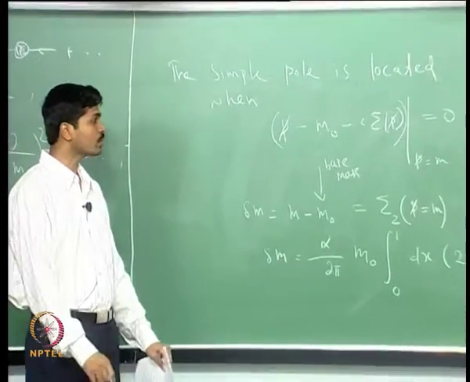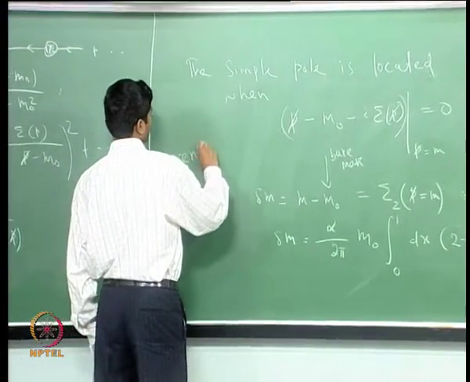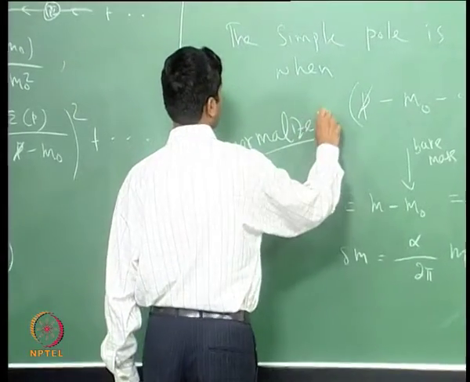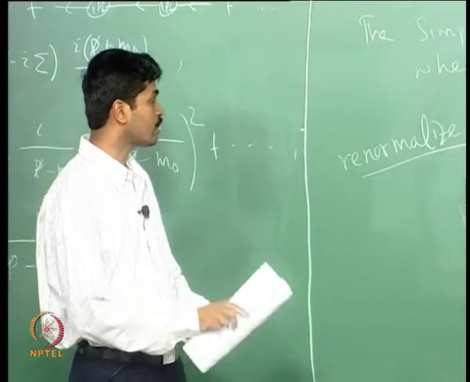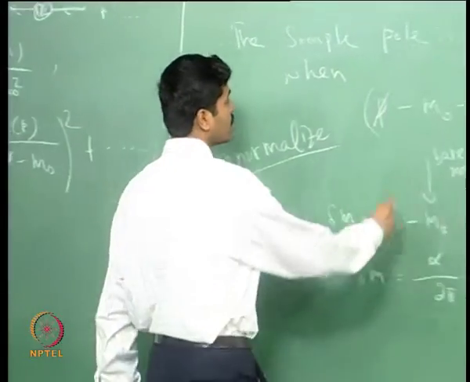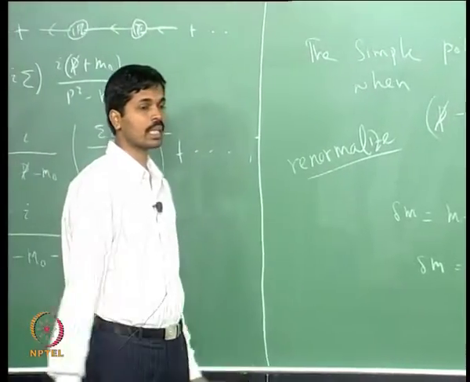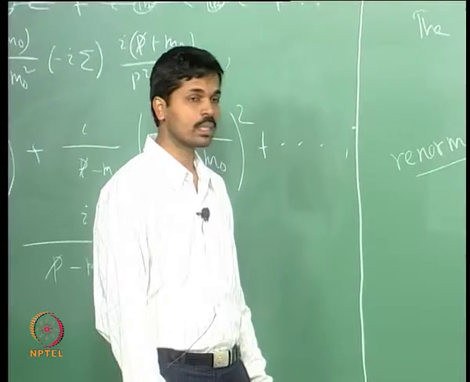So what you need to do is you need to renormalize the mass of the electron. You need to modify the QED Lagrangian you started with appropriately, so that it contains finite quantities.